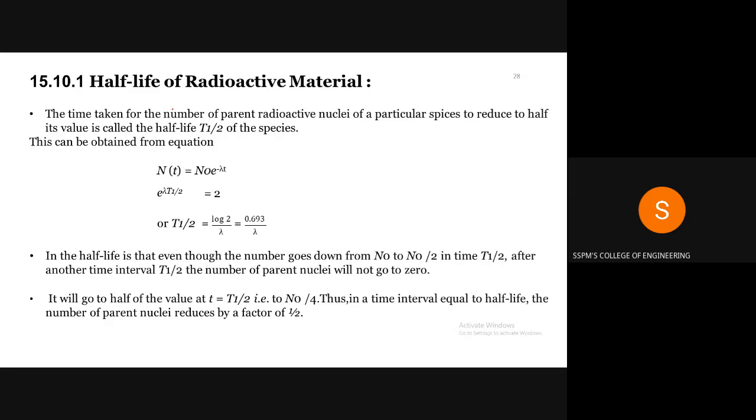Half-life of a radioactive material. The time taken for the number of parent radioactive nuclei of a particular species to reduce to half of its value is called the half-life. Half-life of the element, half-life of the species.